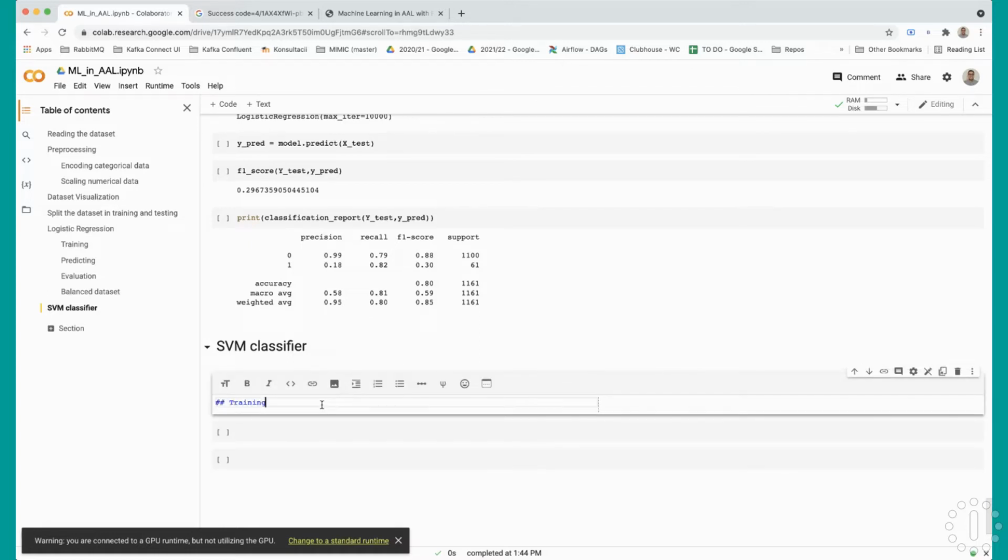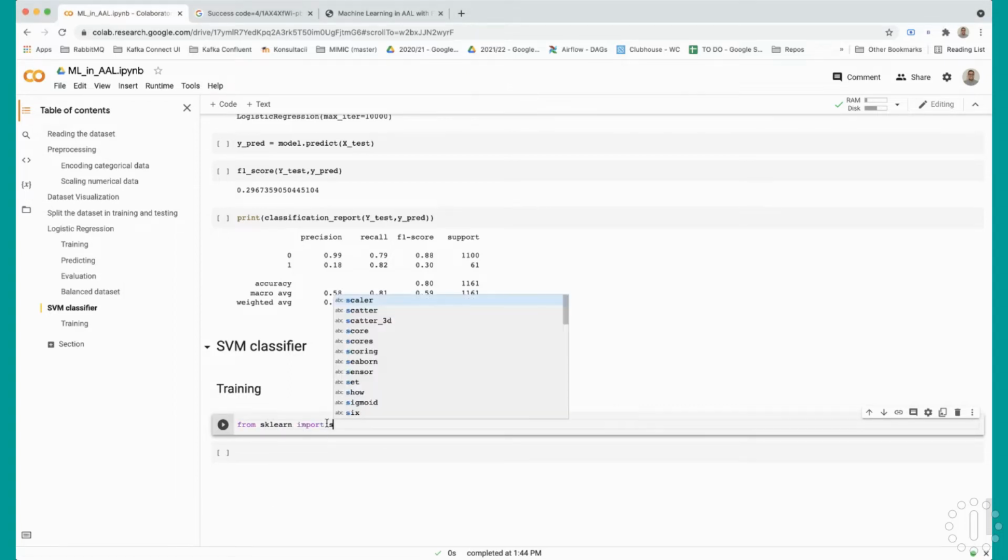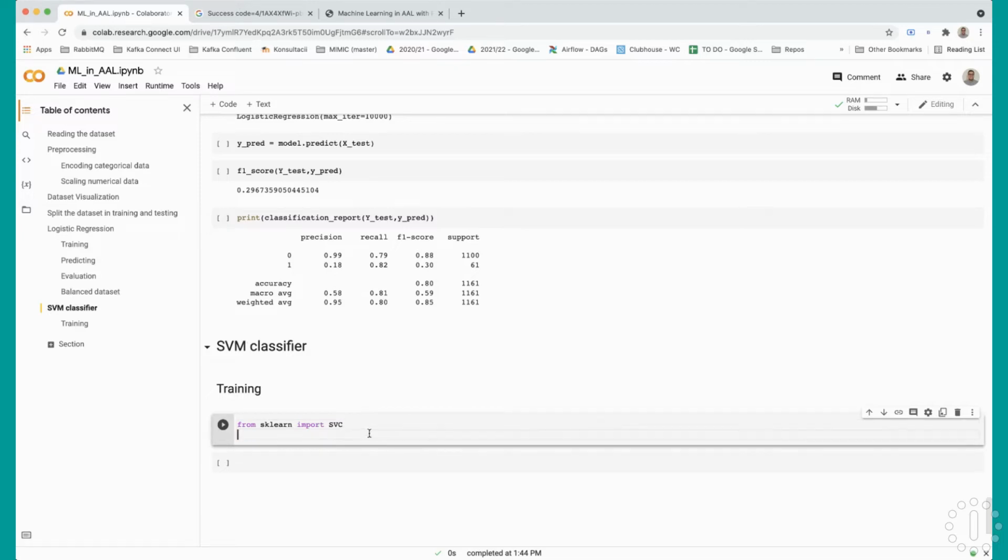So, training. In order to train this model, we have to import from scikit-learn. We have to import the SVC, or you can directly import SVC, which is the class for the support vector classifier.